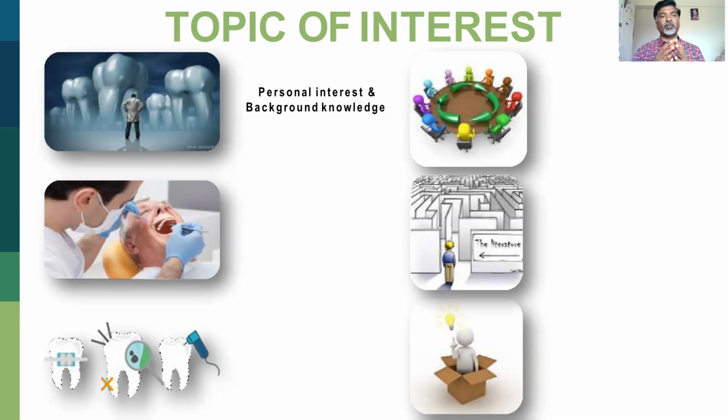If you don't have any background in the particular subject and you try to do research in it, then that research will create n number of hurdles for you. So the first point while selecting a topic is that you have to choose your topic with your interest and knowledge. On the basis of that you can go ahead.